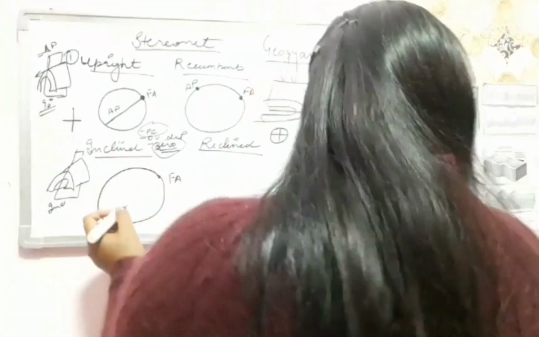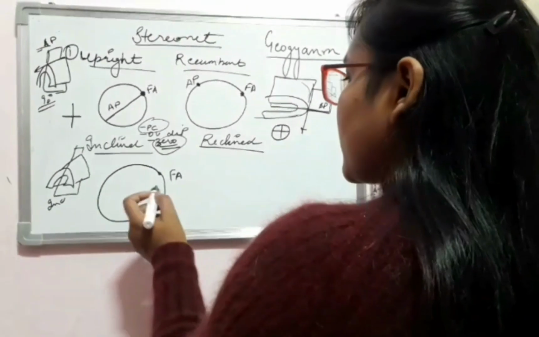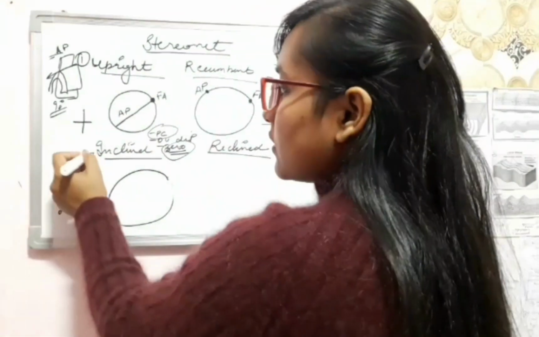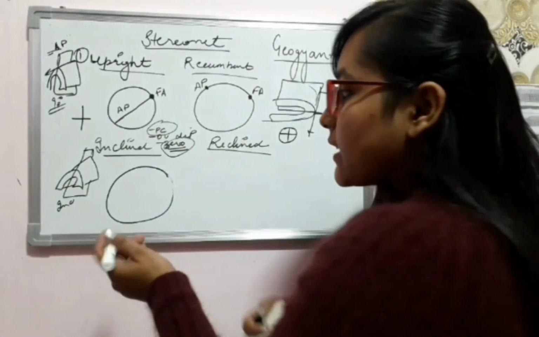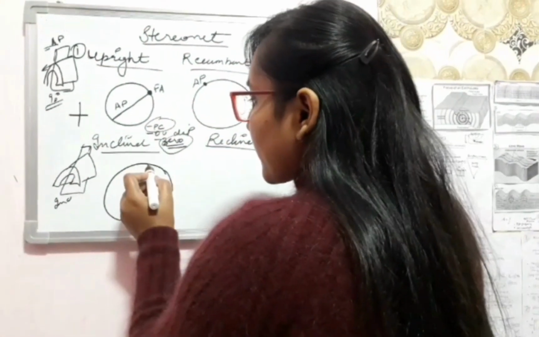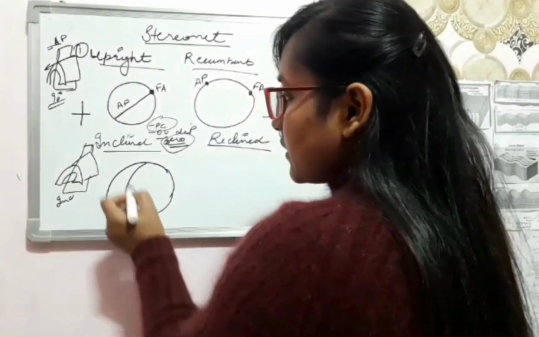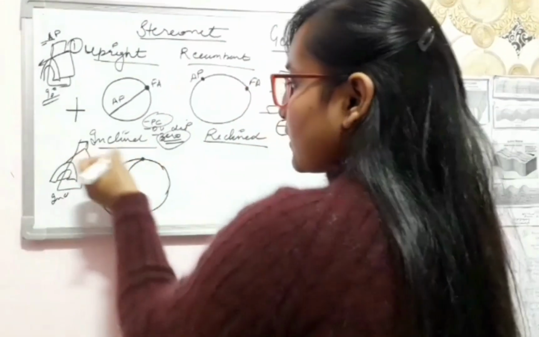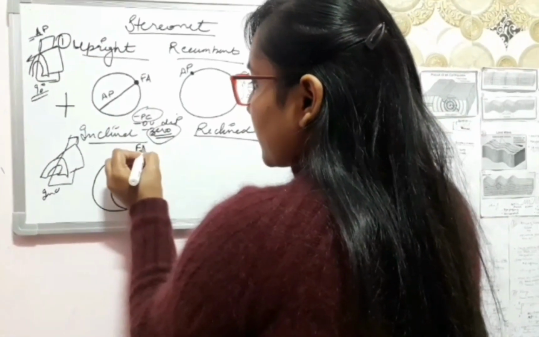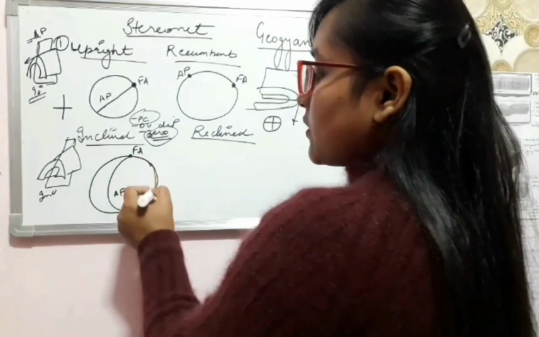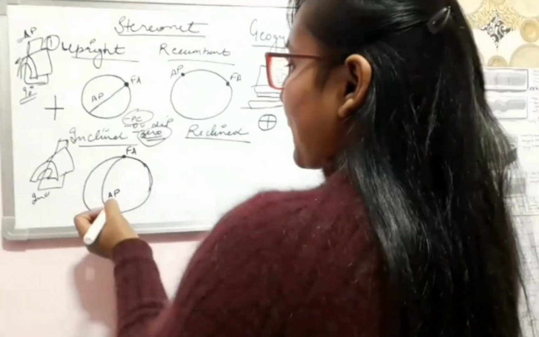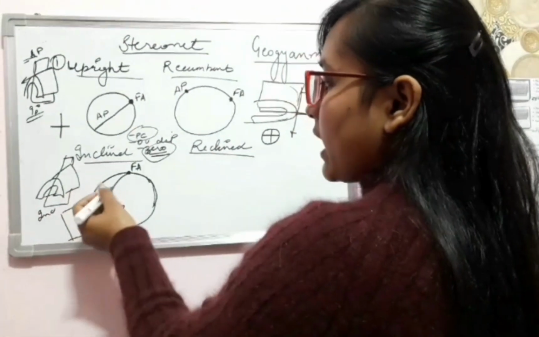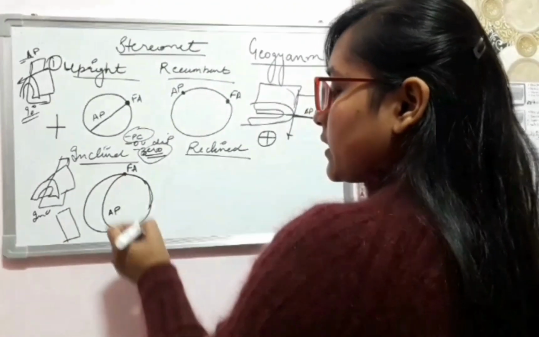So for inclination, suppose this axial plane is dipping in this direction. So we will draw it this way. This will be your axial plane and the fold axis will lie on the outer circle, which is our horizontal plane. Okay, so if it was dipping in this direction, we would have taken it over this direction like this.